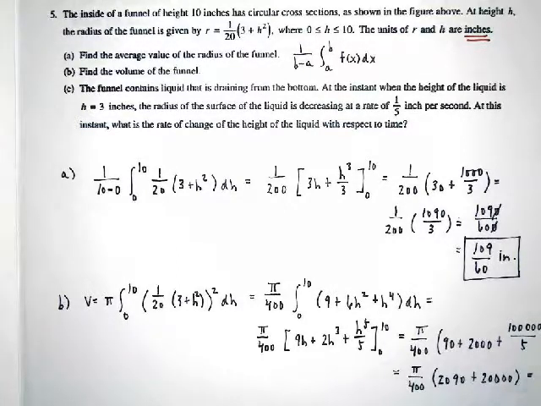And let's see, pi over 400 times, what do we get? 22,090. Now I'm going to divide by 10 on top and bottom. So I get 2,209 pi over 40. Oops, sorry.